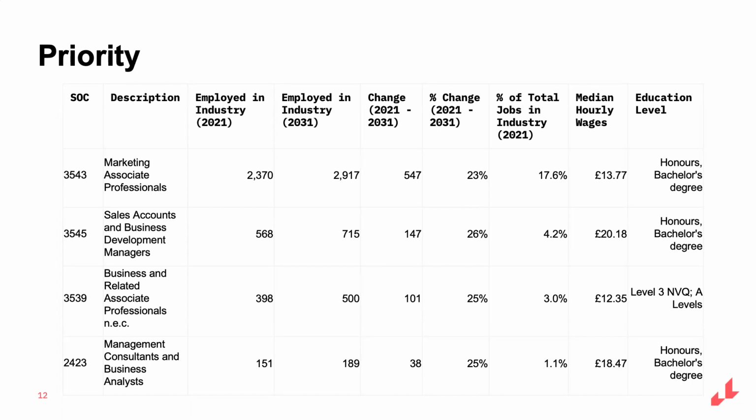Now, SOC 1 tend to be directors and managers, so I'm going to ignore those. And SOC 2 are professional roles, and SOC 3 are associate professionals and technical roles. So just looking at those SOC 2 and SOC 3 groups is really what is important.